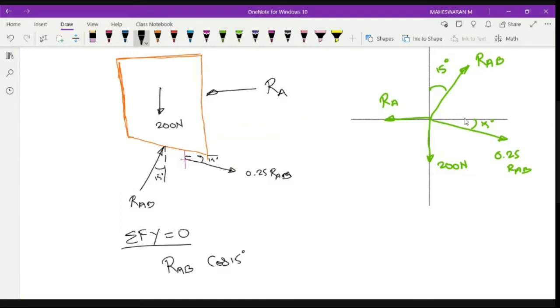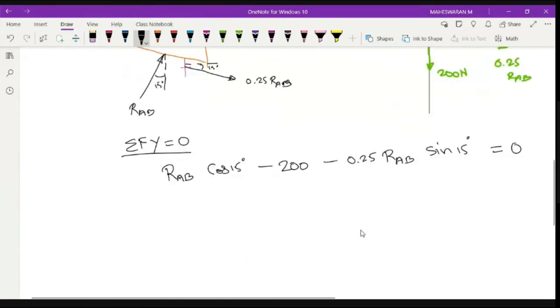The horizontal force we leave. The vertical force downward is minus 200. Bring this one to y again. The angle is increasing and it is negative, so minus 0.25 RAB sine 15 degrees, equal to 0.